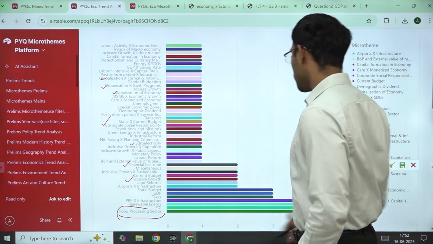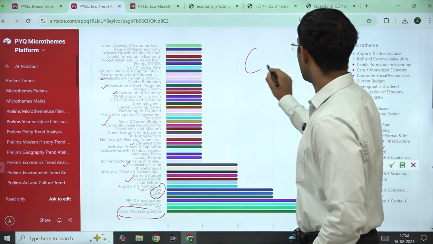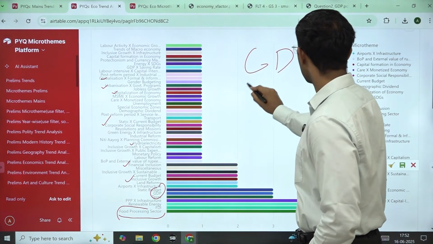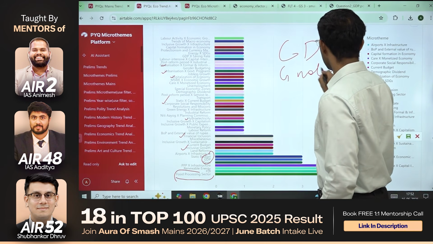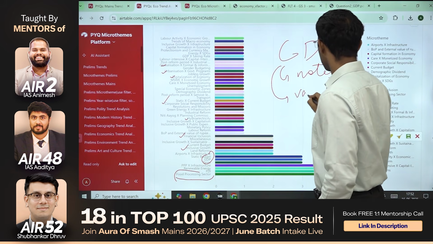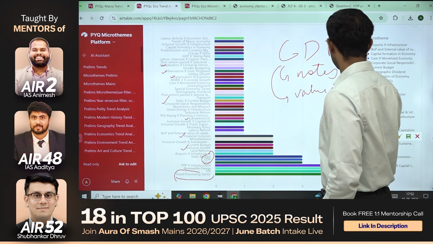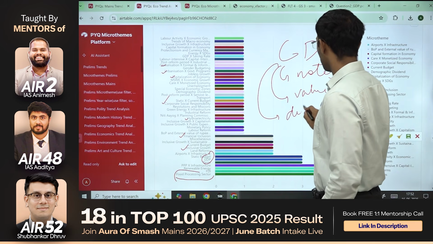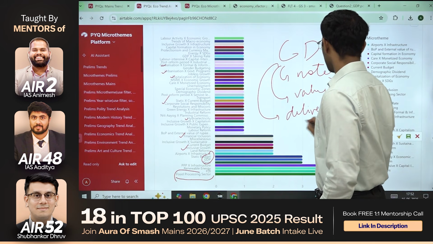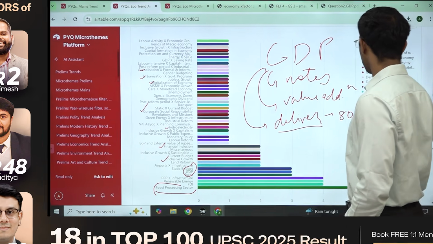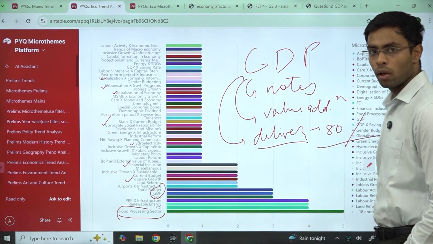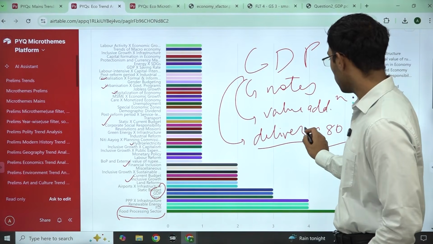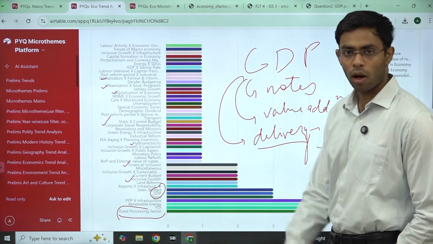So we'll be taking GDP, to see how to make notes on GDP and then value addition, right? And then finally how to deliver, because I think 80% of your game on how to get good marks is on practicing delivery, which is your answer writing practice.